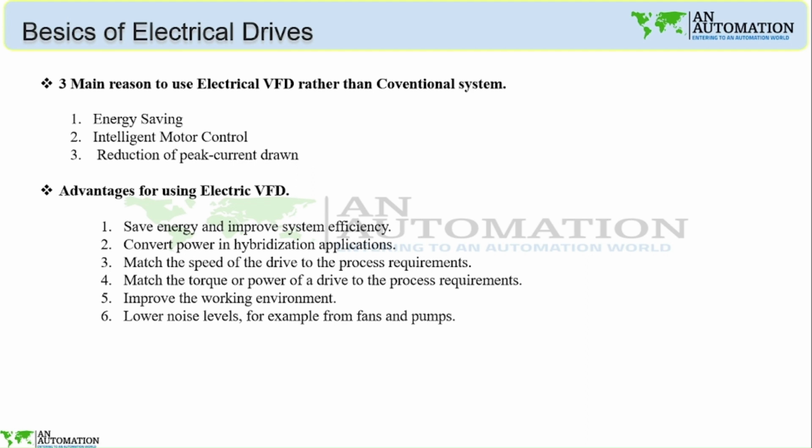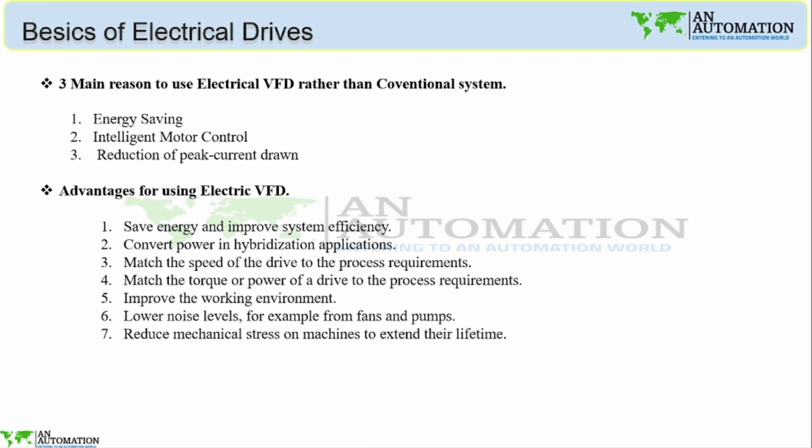So these types of fans need high rating contactors also. These high rating contactors can produce a large amount of noise from starting and stopping. And the cost of the contactor is much higher than the conventional VFD.